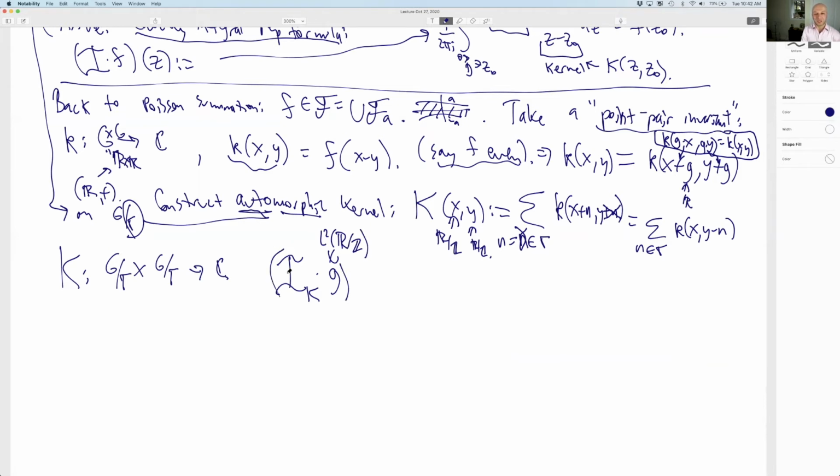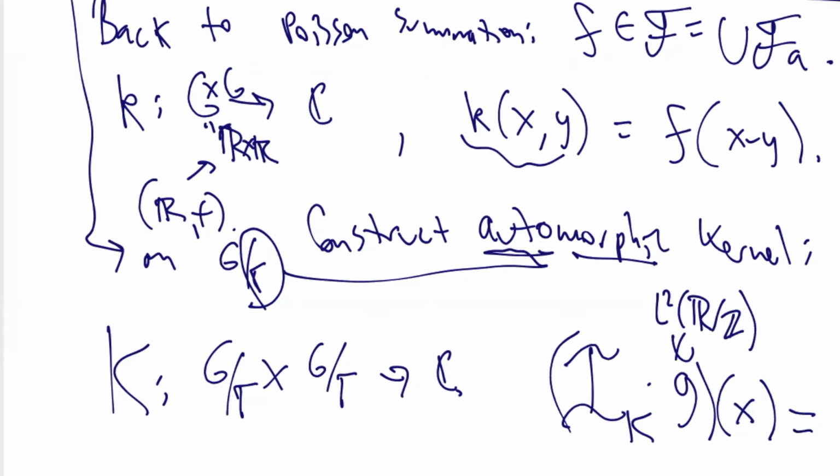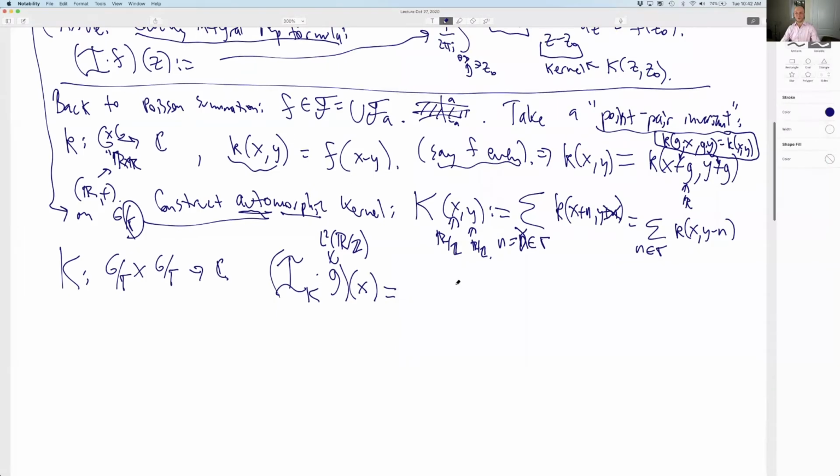So it takes automorphic functions, functions that are functions on the circle. And if I want to evaluate this at a point X, what do I do? How did it work before?